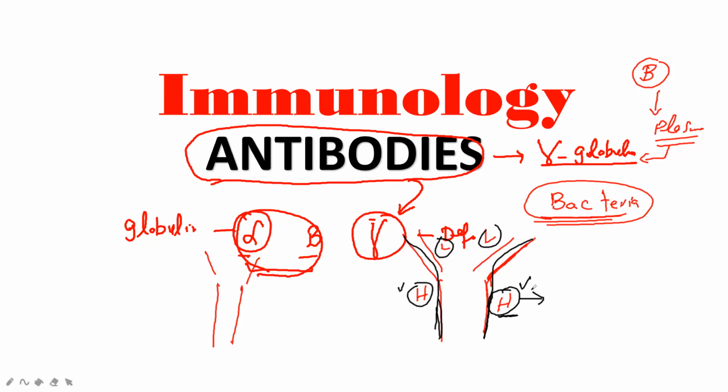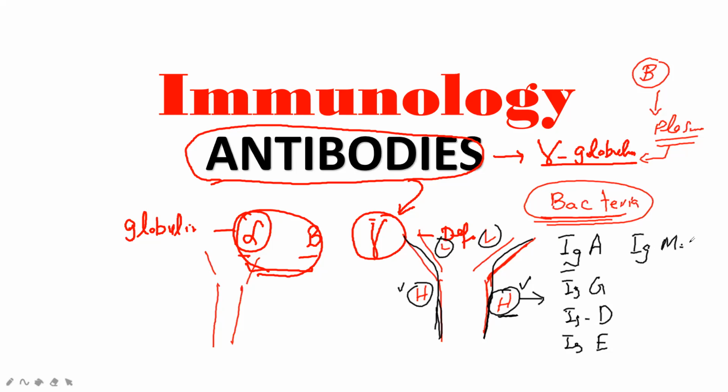Keep in mind, according to the difference in the heavy chain, we have different immunoglobulins. Heavy chain alpha, heavy chain gamma, immunoglobulin IgG, IgD with heavy chain delta, IgE with heavy chain epsilon. Which one is left? IgM, immunoglobulin M, heavy chain mu.